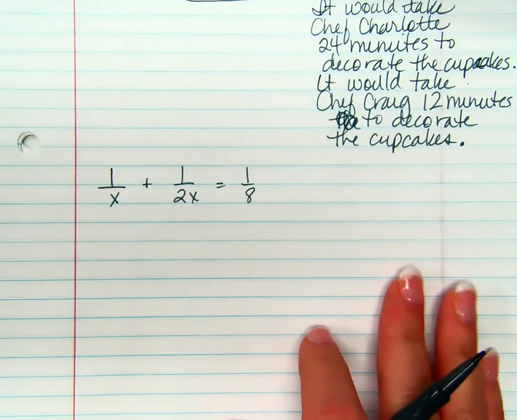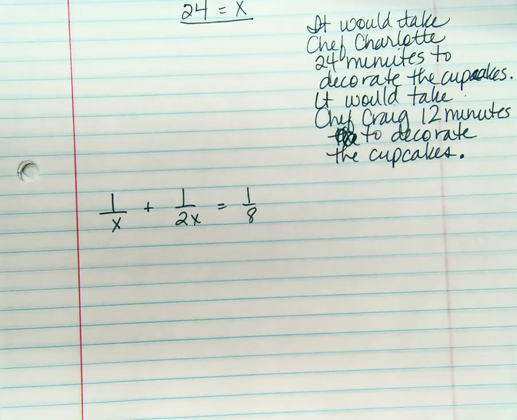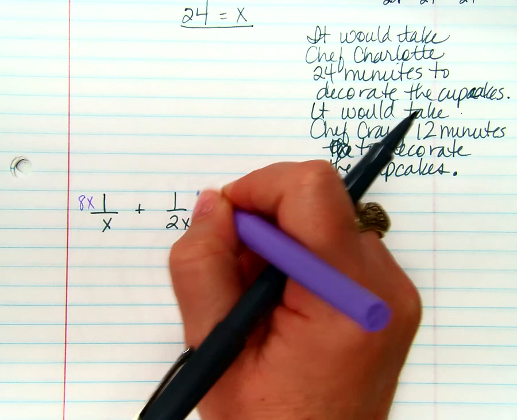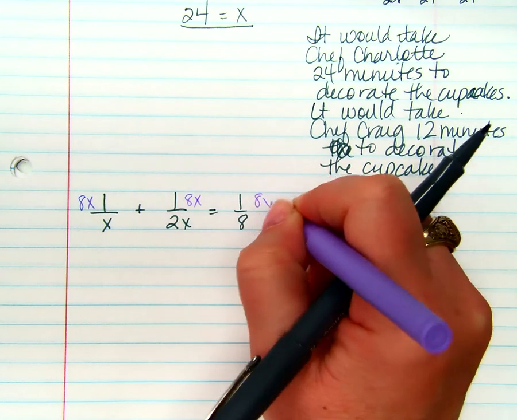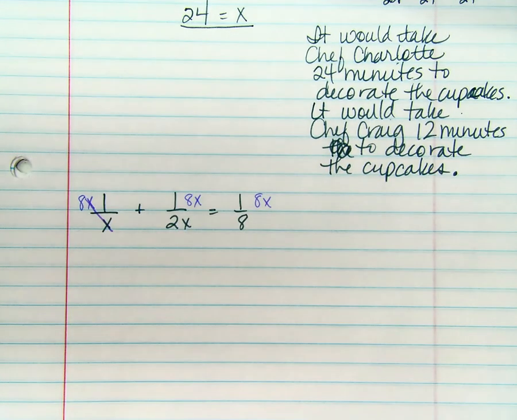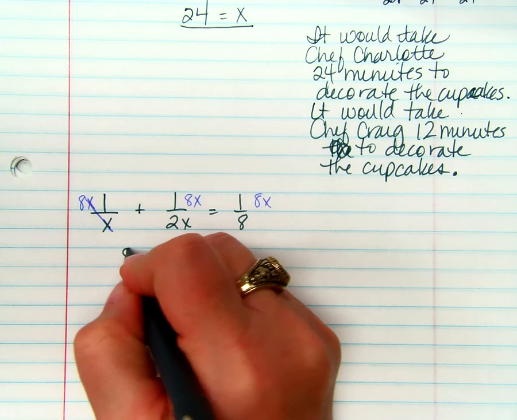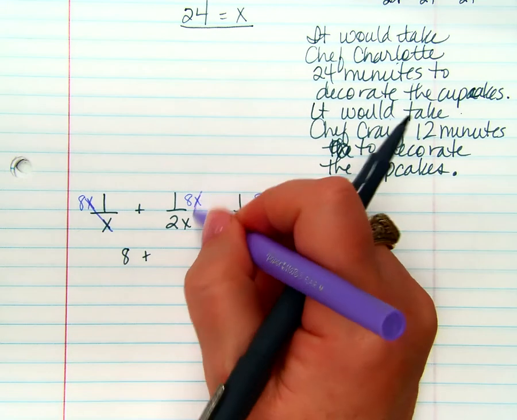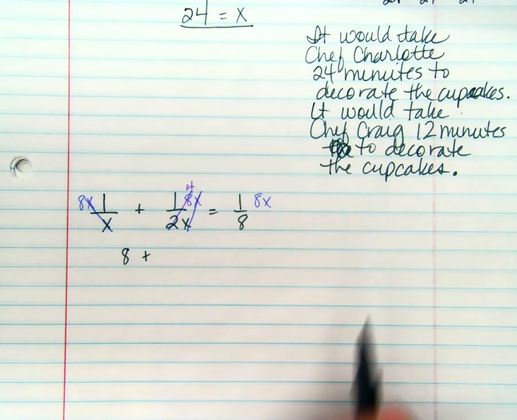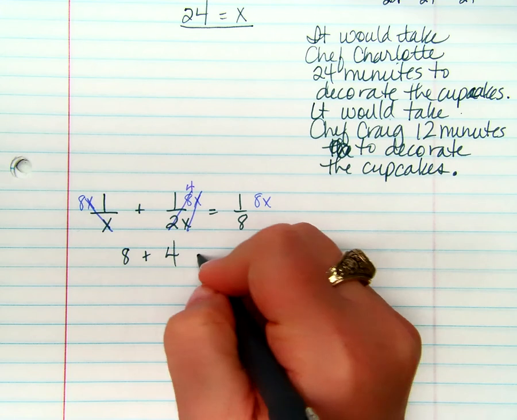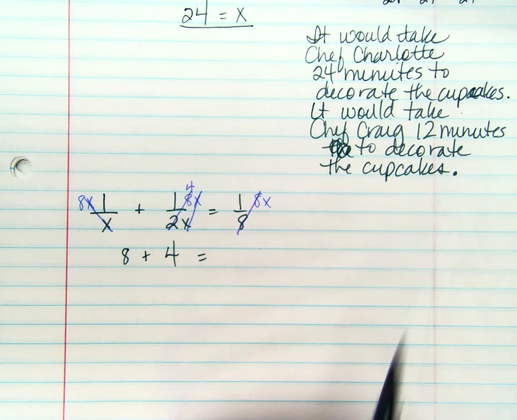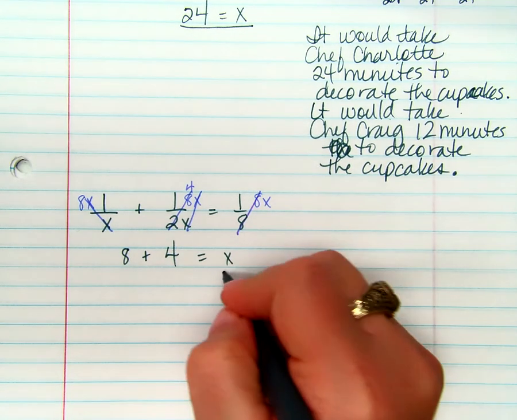I just wanted to show you that real quick, because watch what happens. If I multiply each by 8x to eliminate the denominator, x's go to 1, and I end up with 8. X's go to 1, 8 and 2 simplify to 4, so I have 4. 8 simplify to 1, and I have x. X equals 12.